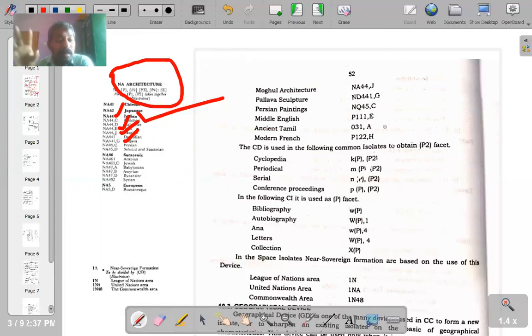So we have taken a number from time isolates and we have used it in the main class N, the main class O, the main class P. In all the areas we have made use of the time isolates. That is what we call chronological device. We have used chronological device to shorten the isolates.